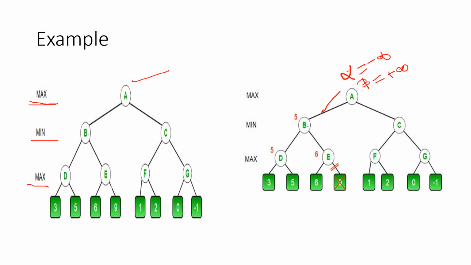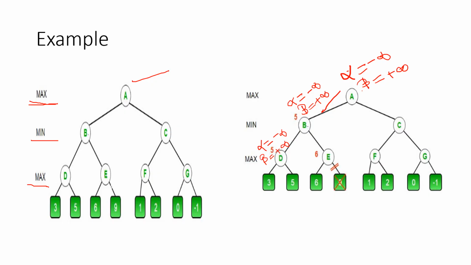So at B also we have alpha is equal to minus infinity and beta is equal to plus infinity. So alpha and beta values are always propagated downwards. And again at D also, alpha is equal to minus infinity and beta is equal to plus infinity.